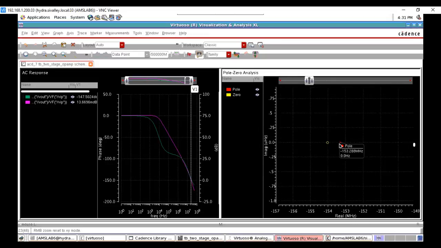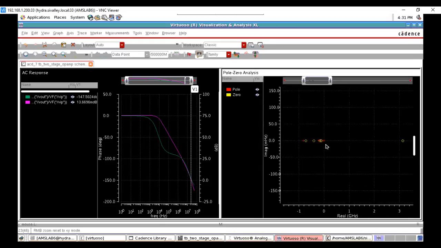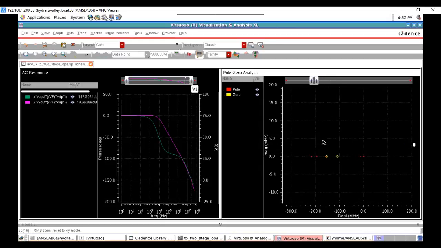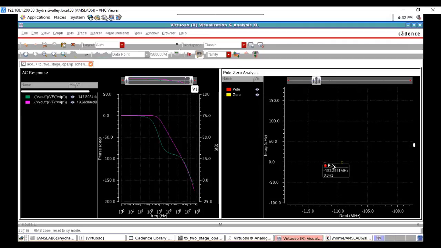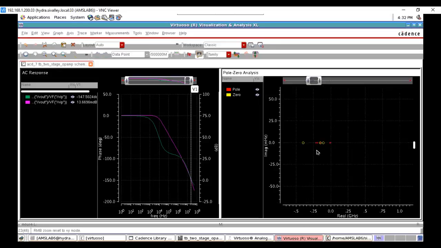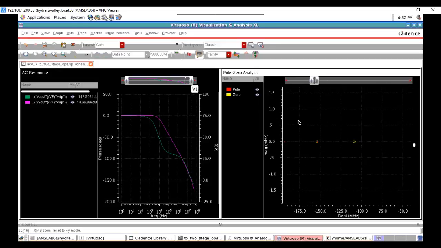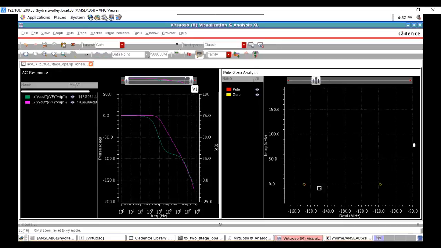I have placed the pole at 153 megahertz and the zero is at 153 megahertz, so this zero has been cancelled out. But by introducing that pole, unfortunately there is one more zero getting introduced here. What's the frequency of it? 153.28 megahertz. How many poles or zeros are there at the same frequency? This is at 153.28. But how come there will be two different zeros?